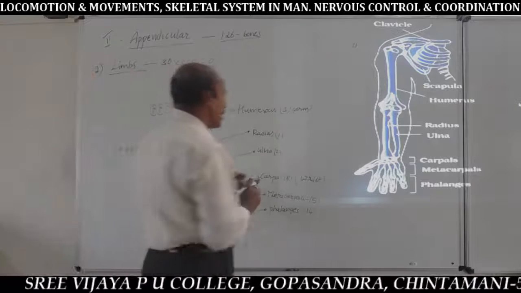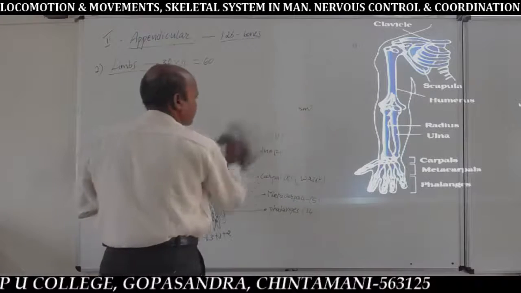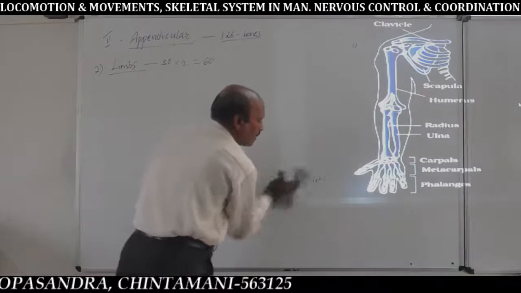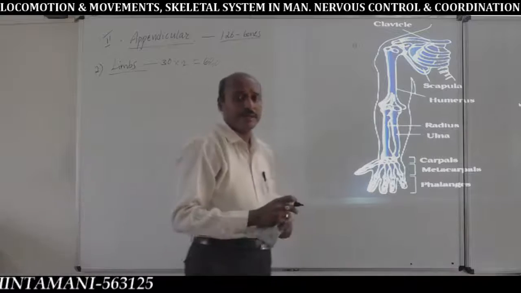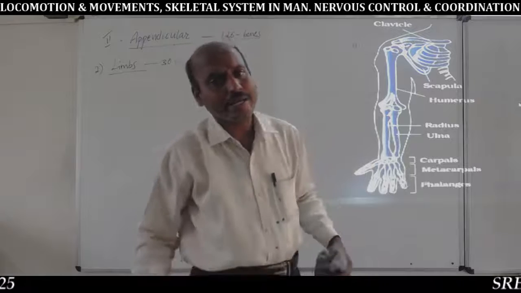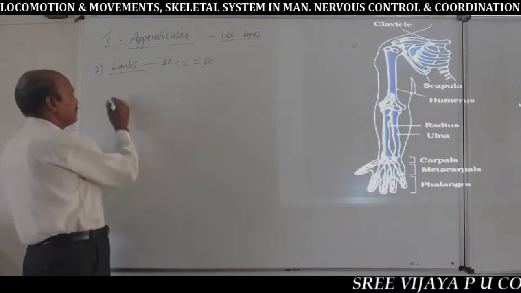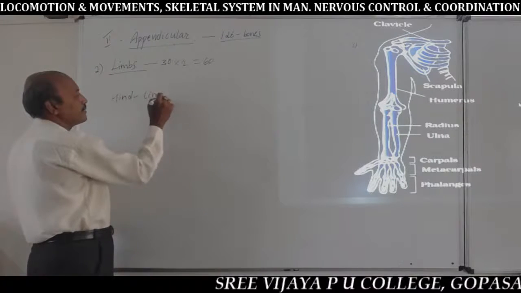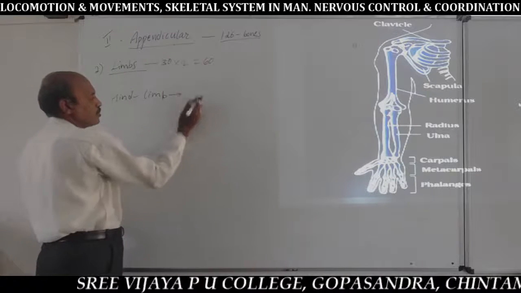Similarly, the hind limb is connected to the pelvic girdle. Here there are 2 hind limbs, right and left, right leg and left leg. Each hind limb also contains 30 bones.